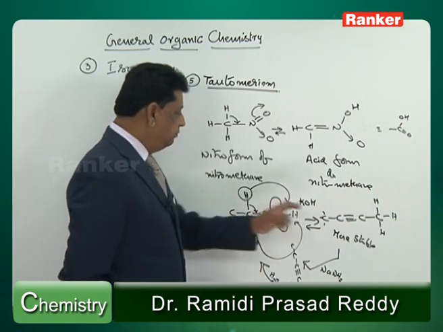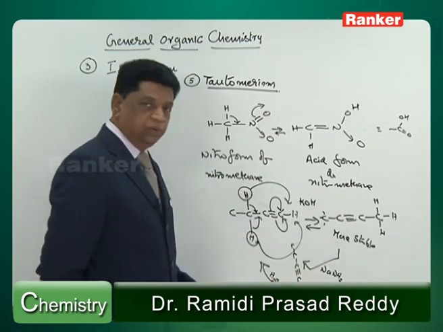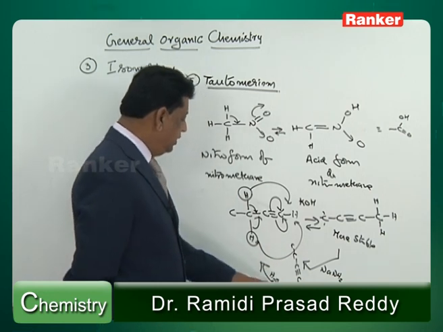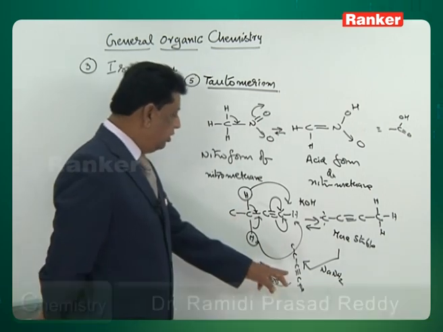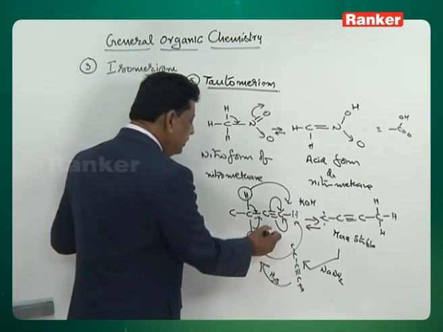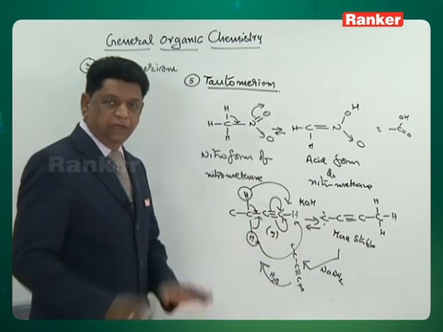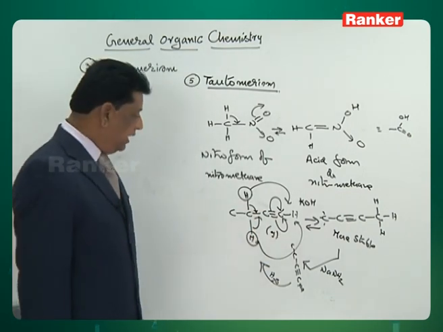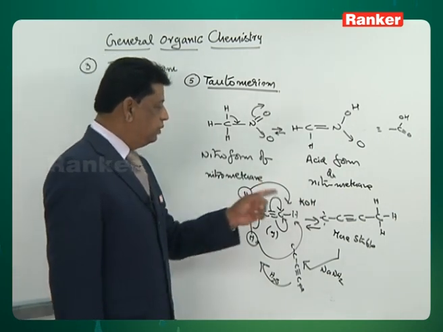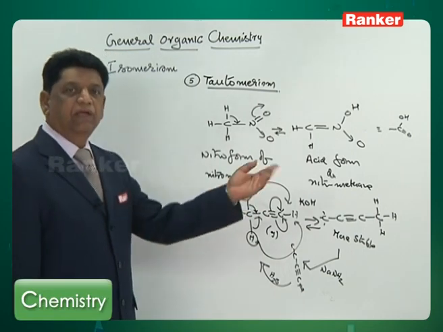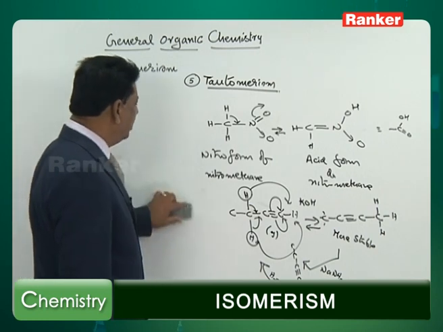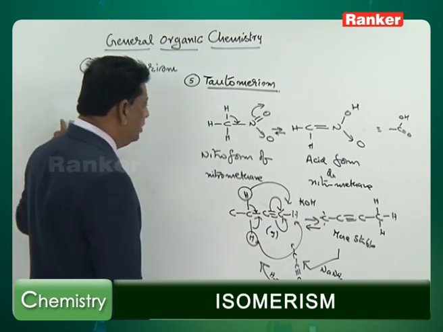Why it is coming back: when it is passed through the sodamide solution, it becomes the sodium salt, and when you pass that solid through water, a gas is released. In the gas there is no going back; the gas is stuck, and 1-butyne gas is formed. When 1-butyne gas is passed through the KOH solution, it converts to 2-butyne, in favor of stability. Like this we have a huge number of compounds which can show tautomerism.